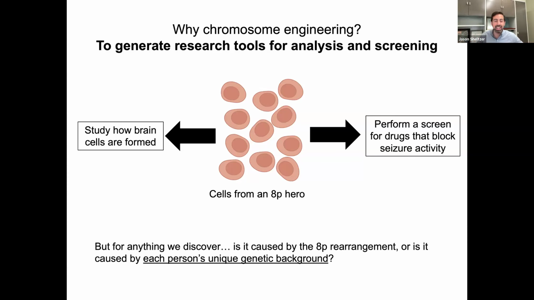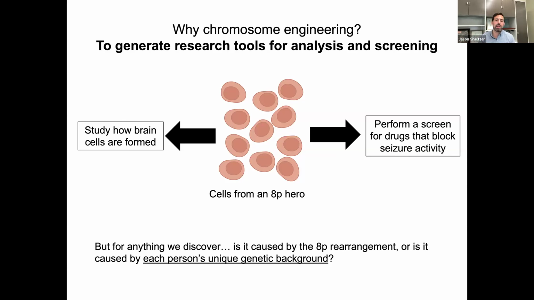Because every 8p hero is unique, every individual on the planet is unique, and there are all sorts of just genetic changes between individuals walking down the street. And so if you're studying cells from an 8p hero in isolation, you can't necessarily know whether what you're studying is caused by the 8p rearrangement itself or just normal genetic differences between people.